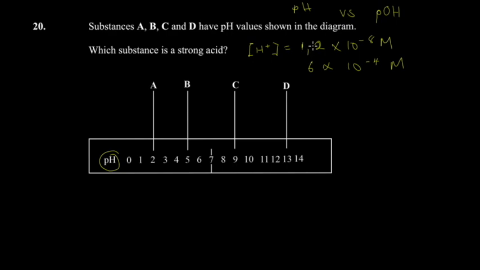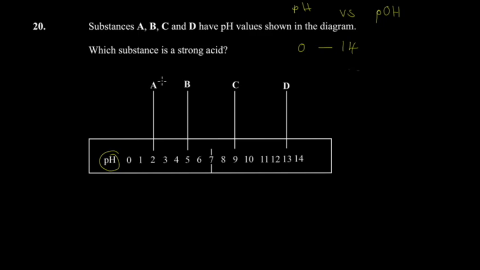So if you want to get around this, you map these values using a logarithmic function. And this function gives you numbers essentially from 0 to 14, such that for pH, the lesser the number, the more acidic the solution.